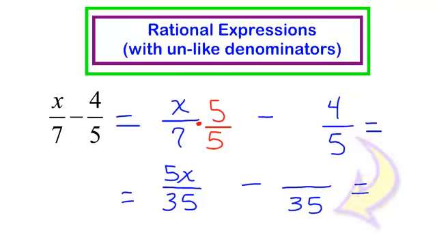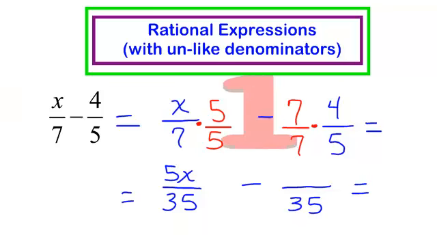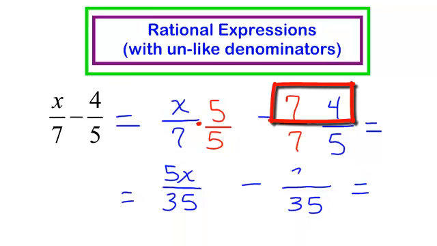Once again, I can't change 5 to 35 just because it's my birthday. I must have multiplied this denominator by 7. That's cool as long as you multiply the numerator by 7. Because we all know 7 over 7 is just 1. So in the numerator, 7 times 4 is 28.